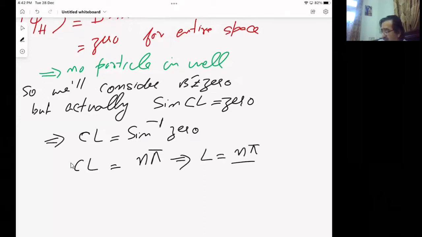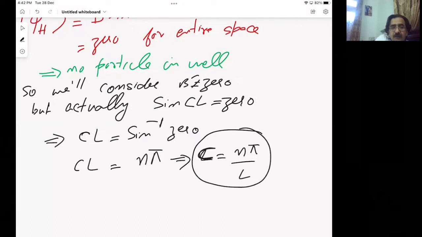L is the length of the box, the width of the box. So C is n pi over L. So we will get the value of this constant, and that is C.